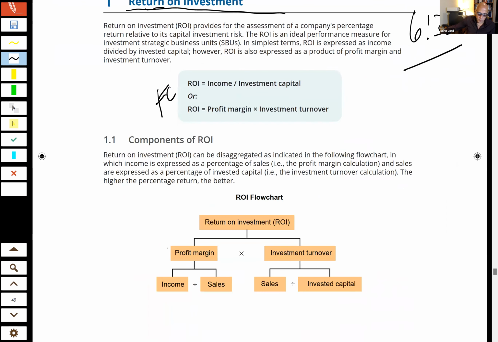Now, it is worth noting here, with return on investment, if you were to take out the common items, using some math, you would have income divided by investment capital, which is basically what we showed you up there. But maybe they will be a little funky with you and give you the ability to calculate the investment turnover and give you the profit margin as a percentage.